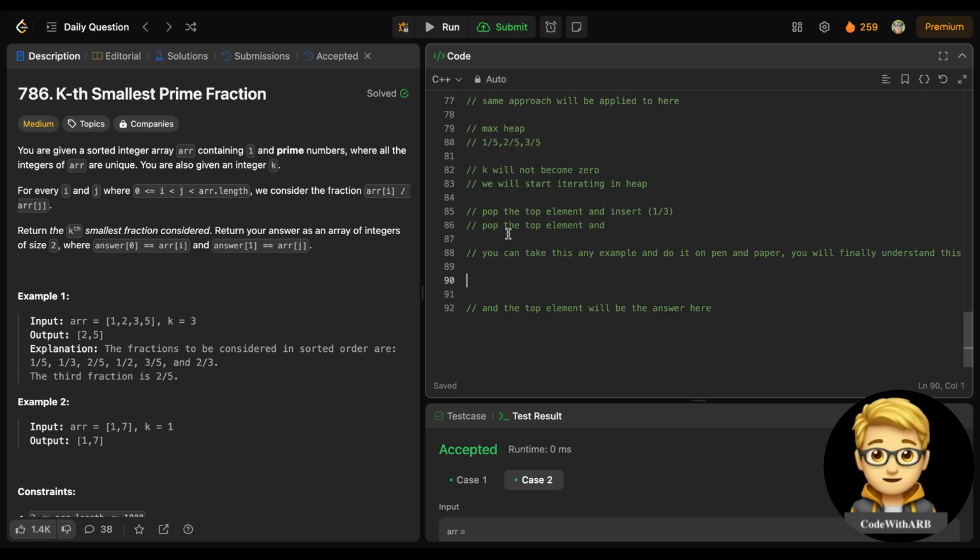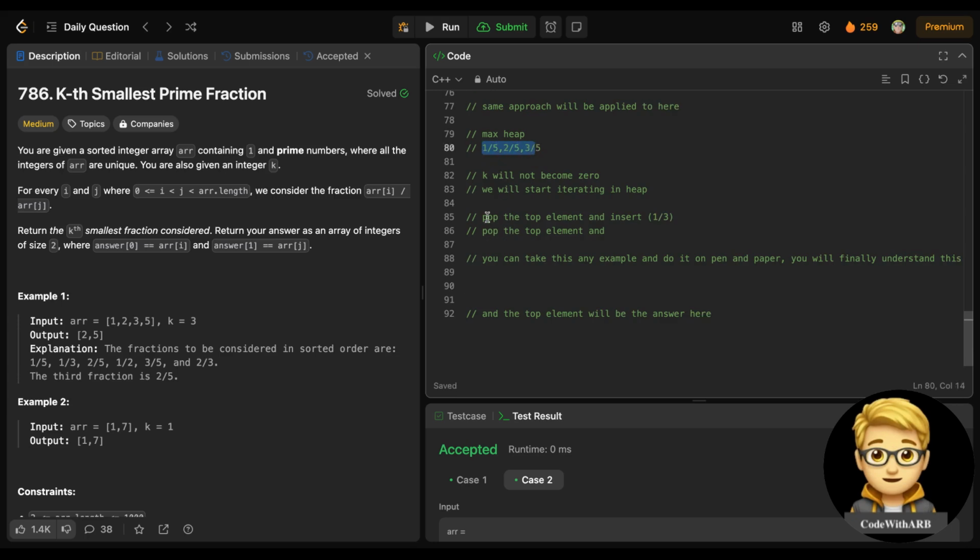So what we are doing, see, we are just popping out the top element, decreasing the denominator.